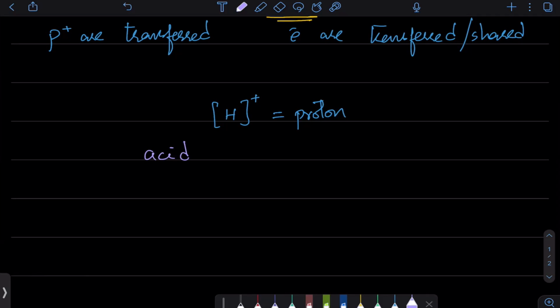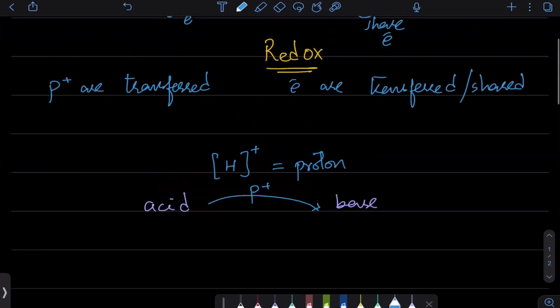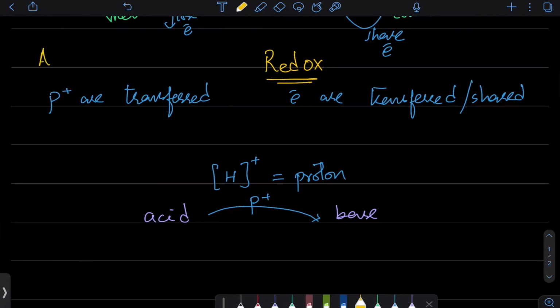And if anything accepts proton, we call it base. So that's all there is. An acid loses a proton, a base accepts a proton. And this reaction is called acid-base reaction.